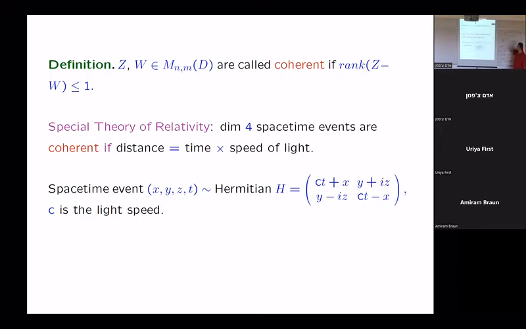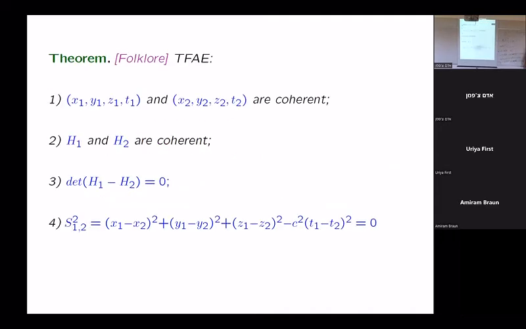So coherence is an important relation in Minkowski geometry and special relativity. So two events are coherent if the distance is equal to time multiplied by the speed of light. You could interpret it geometrically.